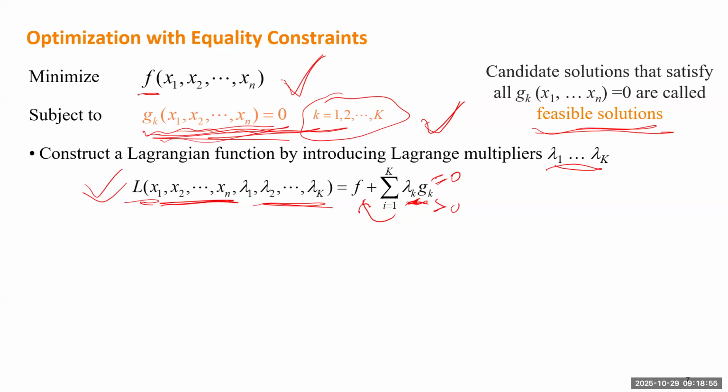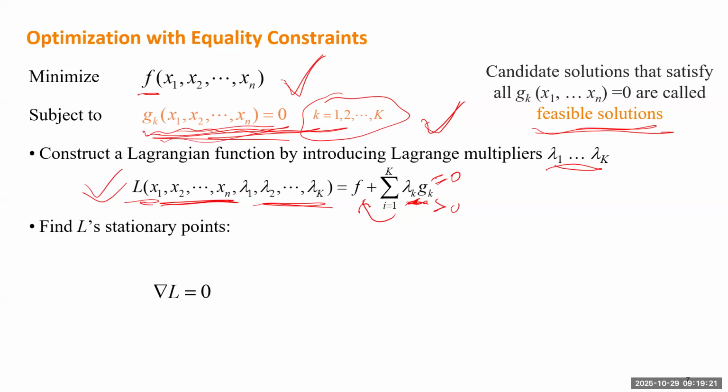We just find the stationary points of this new Lagrangian function, and then we check the function value of each point to find the minimal one. We skip the step of forming the Hessian matrix and checking whether it's positive definite or negative definite. We don't do that. We just check stationary points and find the minimal function value.